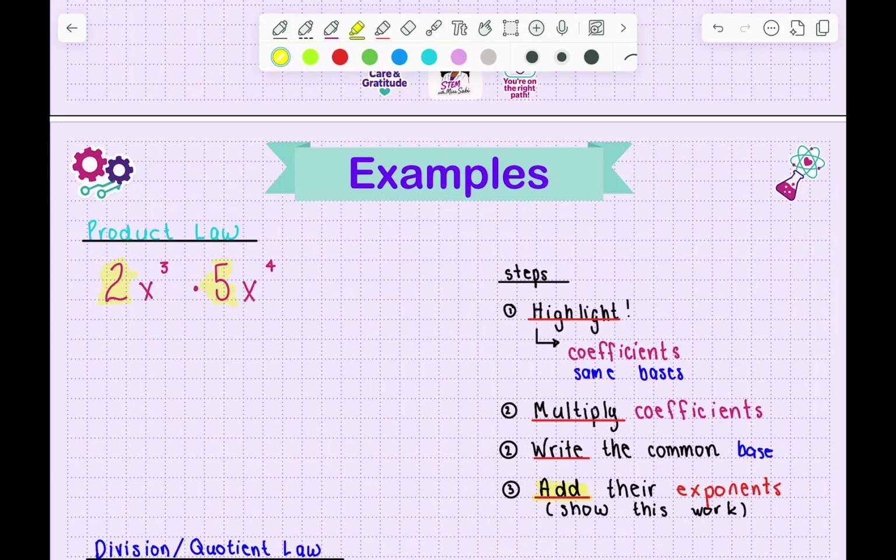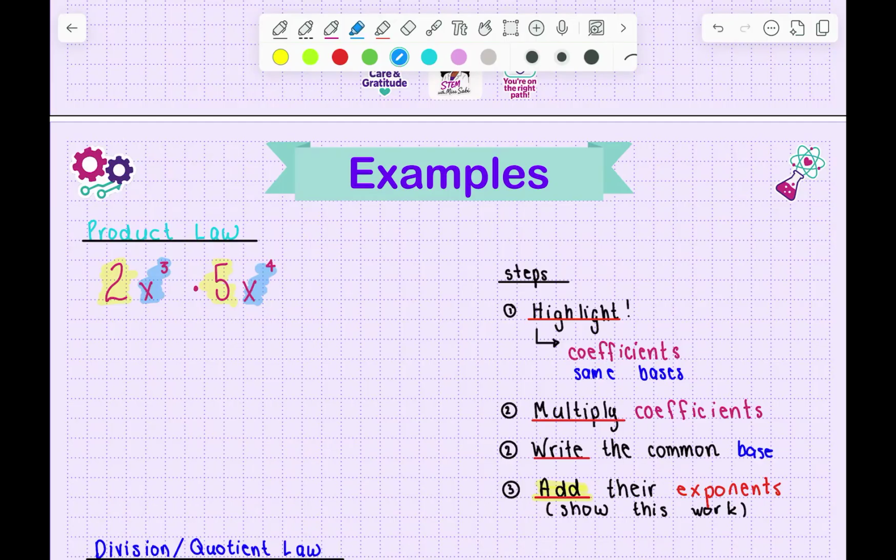And then I'm going to highlight the terms that have the same bases and their corresponding exponents. So x cubed and x to the power of 4, those are similar, they're like, not like terms, right? But they are of the same base. Because we're applying the product law, that's going to be important.